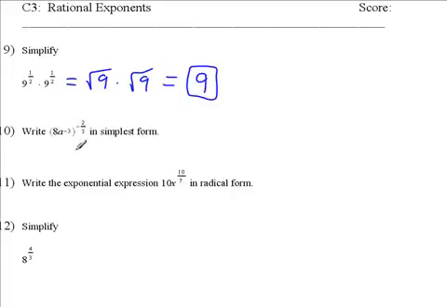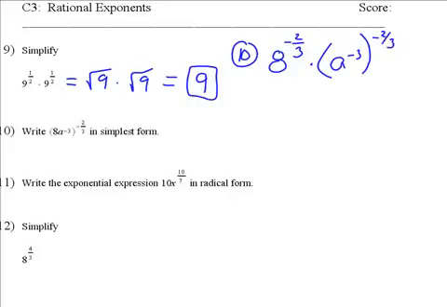The way to deal with number 10 is to realize that this negative 2/3 power gets to the 8 and gets to the a. So let's go ahead and just split it right now. 8 to the negative 2/3 times a to the negative third also to the negative 2/3. There's a lot going on in this problem.